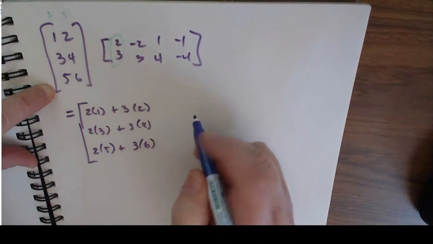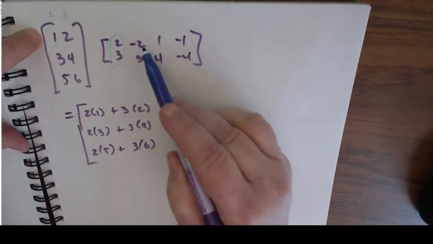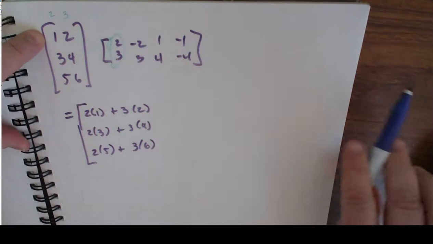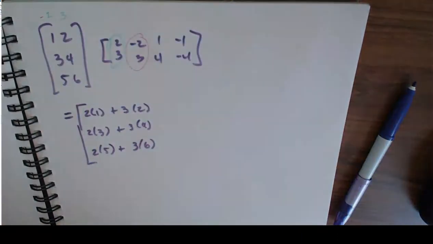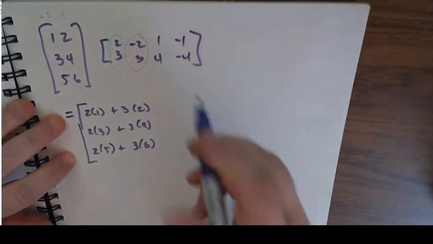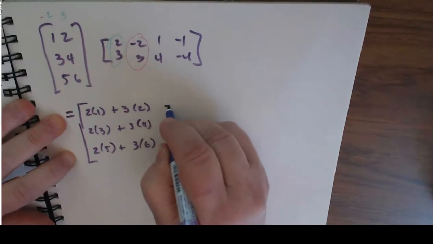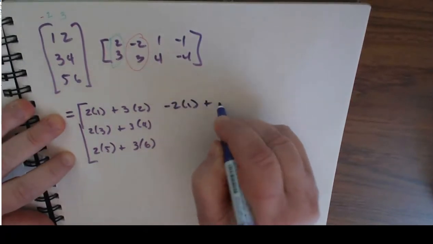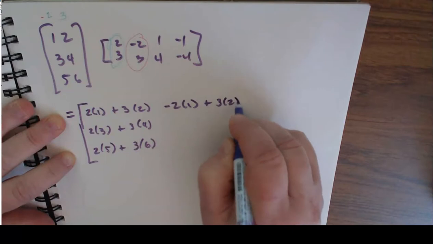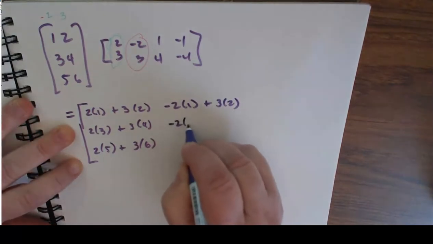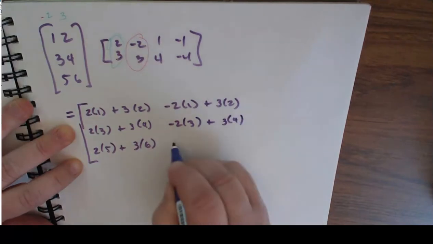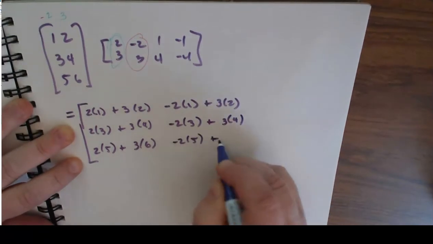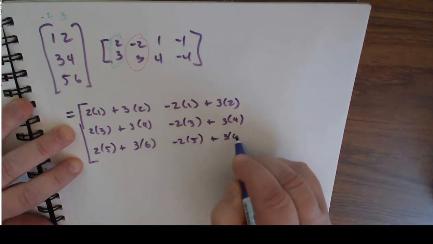And then I'll do that again. I wish I hadn't picked such a big matrix. Okay, I'm going to do the same thing with this negative 2, 3. So I will have negative 2 times 1 plus 3 times 2, negative 2 times 3 plus 3 times 4, negative 2 times 5 plus 3 times 6.